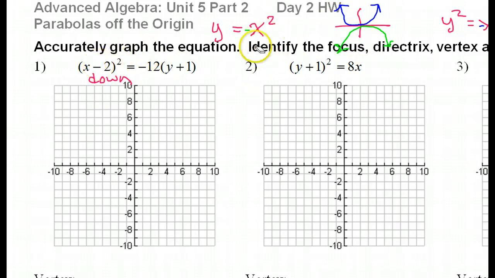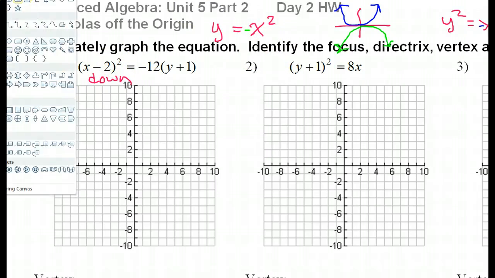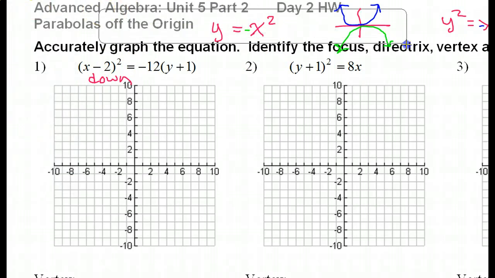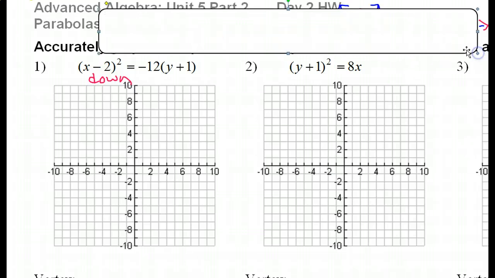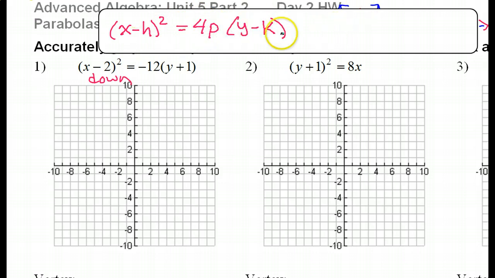Now, the other thing you need to be aware of is the standard formula, the model for these parabolas. It works like this: x minus h squared is equal to 4p times y minus k. In a situation like this, the vertex will be h comma k.